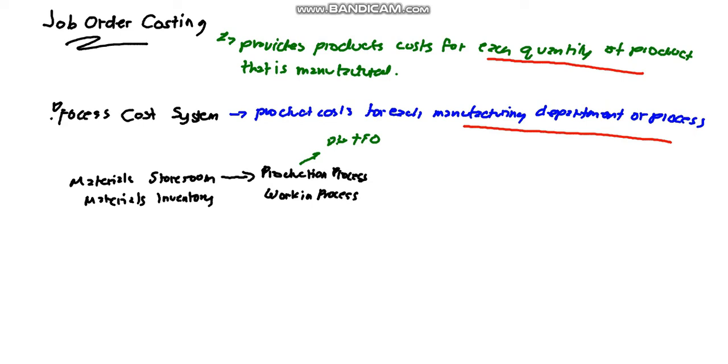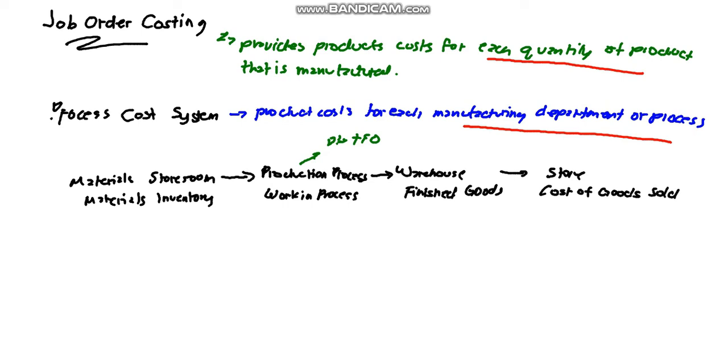After which it would go back to the warehouse as finished goods. And of course, it then goes to the store and would be sold, and would be referred to as cost of goods sold, if it is sold already.